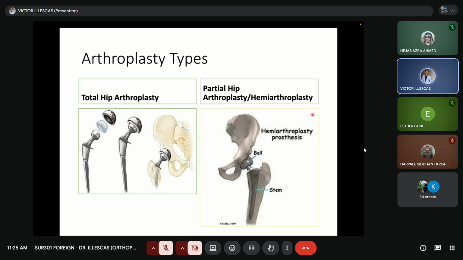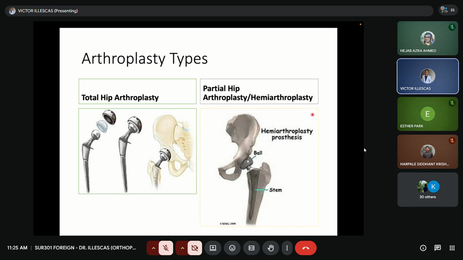You have the total hip replacement wherein you replace both the socket, which in this case is the acetabulum, as well as the proximal femur. In partial hip replacement, you only replace the proximal femur.